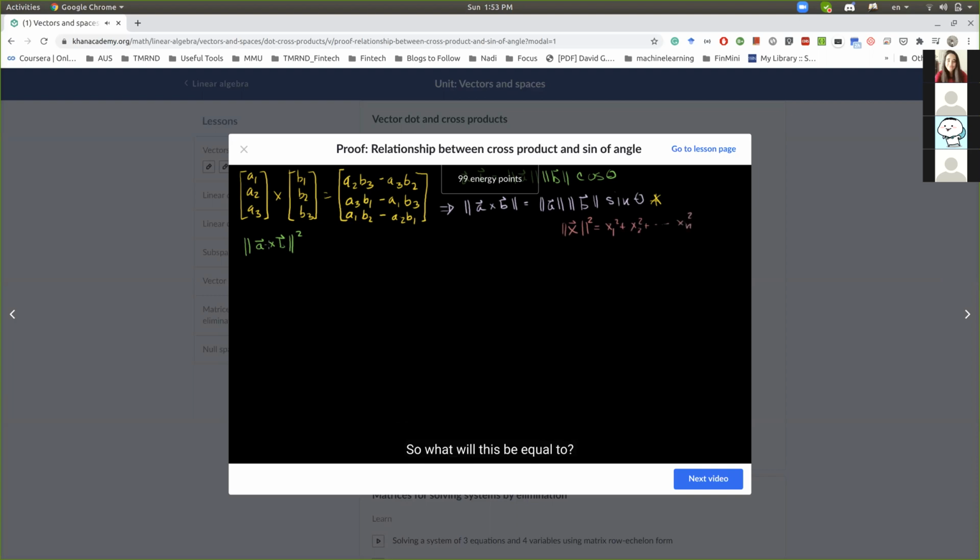So what will this be equal to? Well, we only have 3 components, so it's equal to the sum of the squares of each of these components.